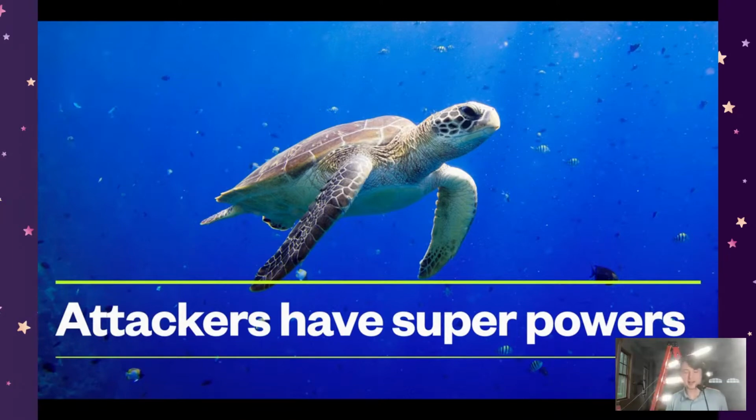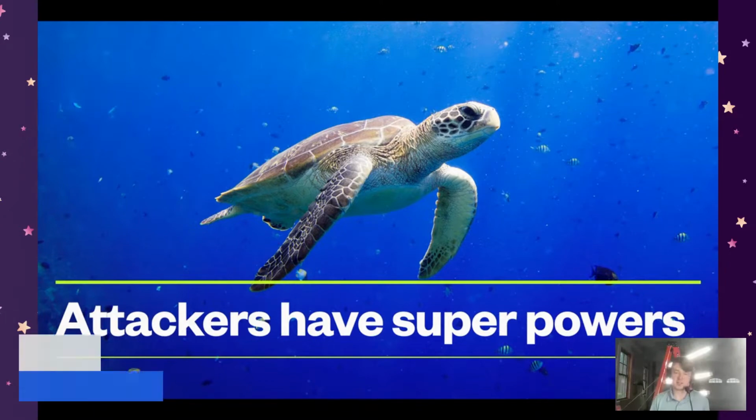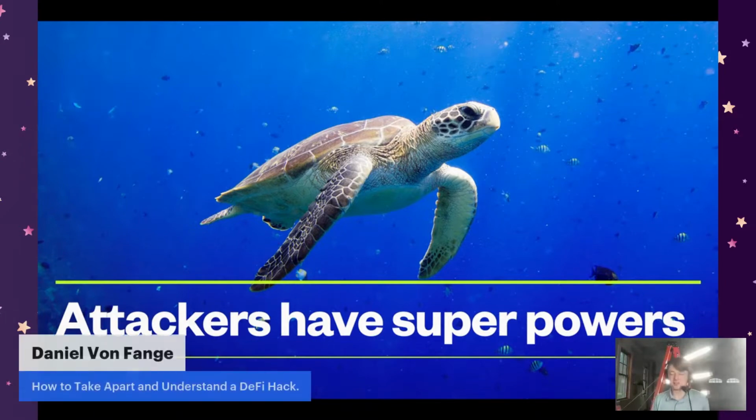When they're practicing attacking you, they get to see every defense and try and attack every defense in their system. And then once they've perfected it down to a run that will work, they can just execute it. All that happens in a single transaction and boom, money's gone.